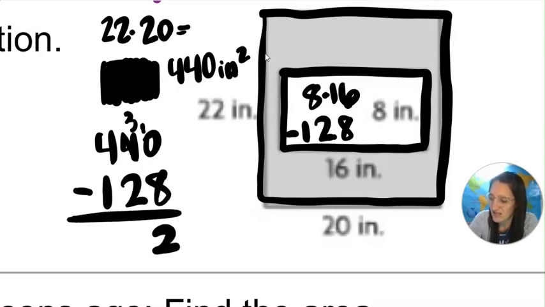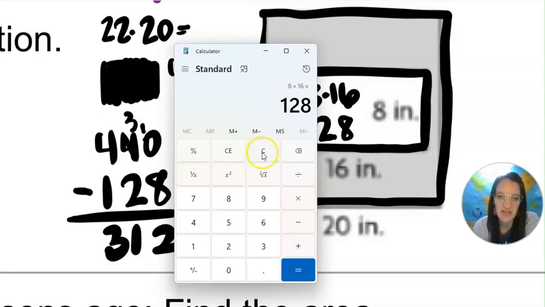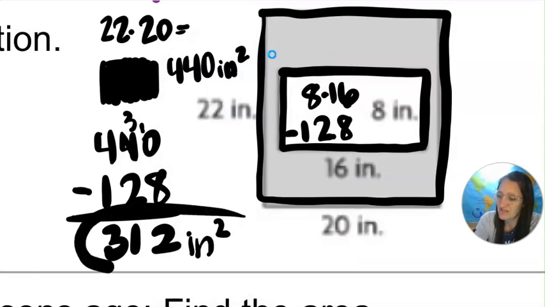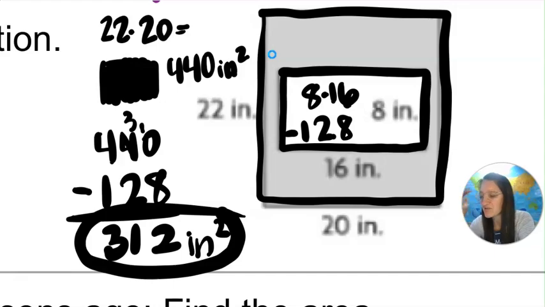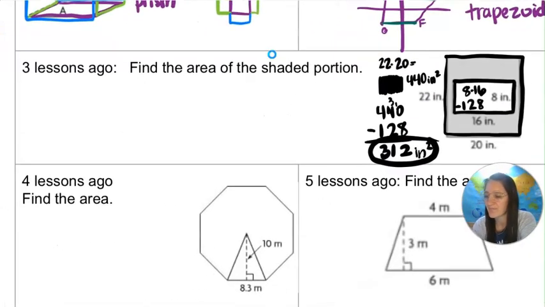And I got 312, but sometimes I get nervous while I'm being recorded, so I'm going to check with my calculator and feel good that I checked my work. So I got 312 for just the shaded portion.